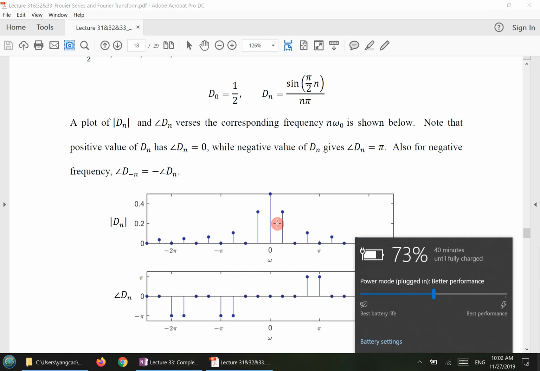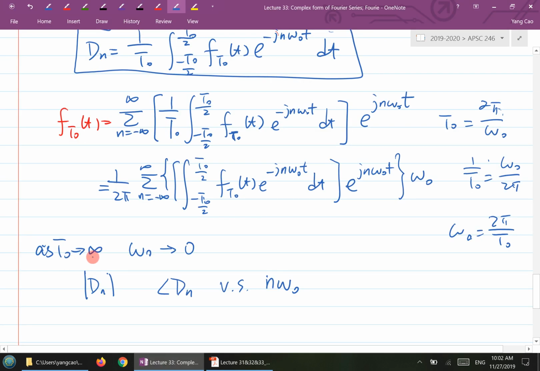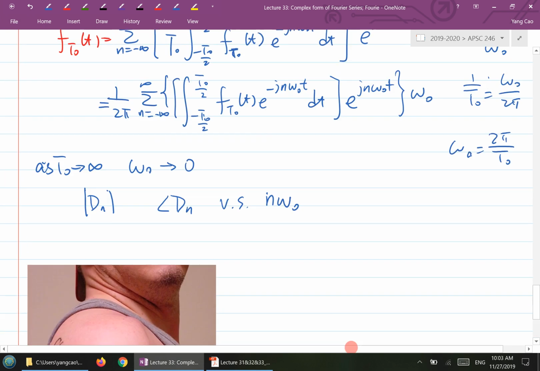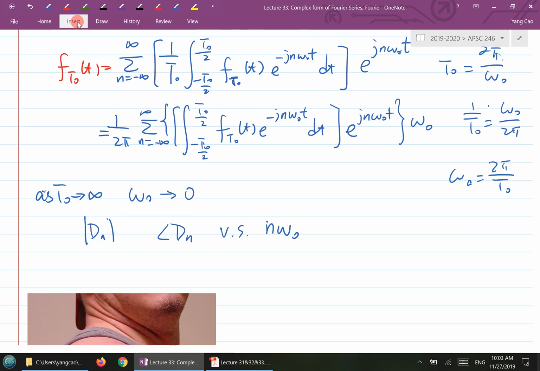It's as if you got a continuous plot now, instead of this discrete plot. So that's what happens when your T naught goes to infinity. That's the Fourier series.